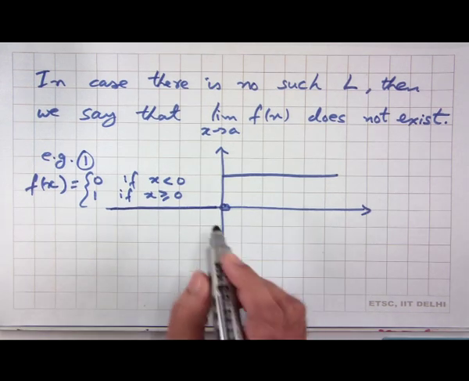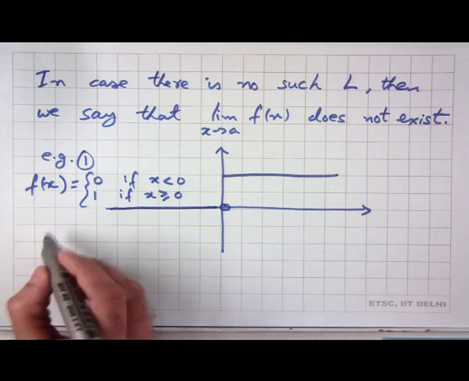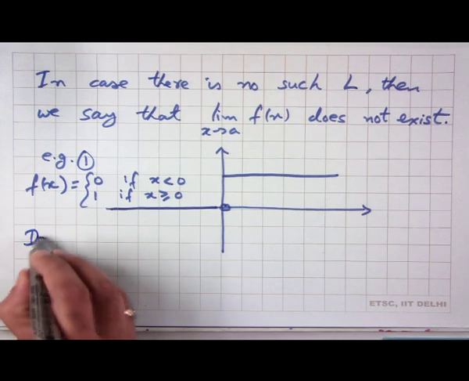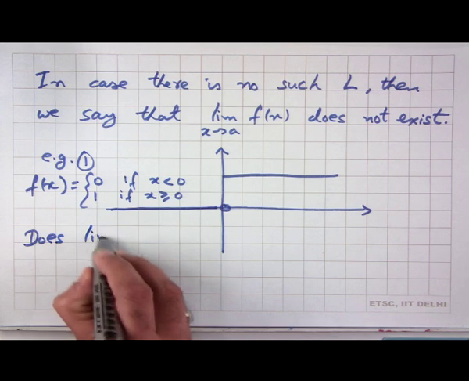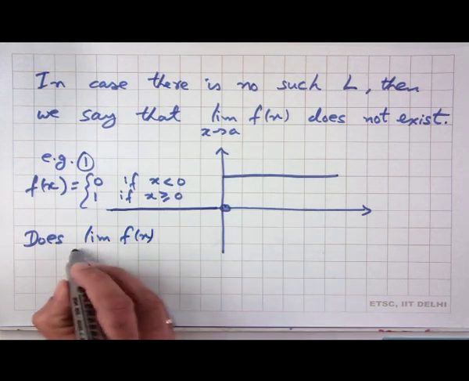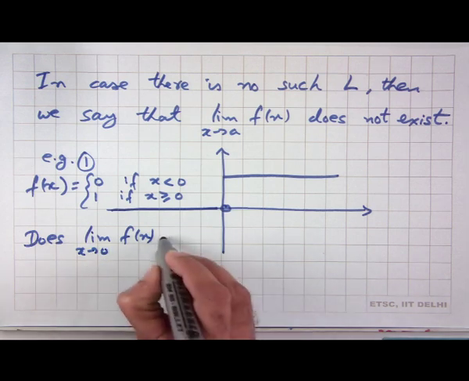Now, does the limit of f of x as x approaches 0 exist?